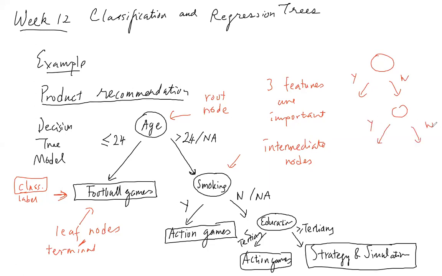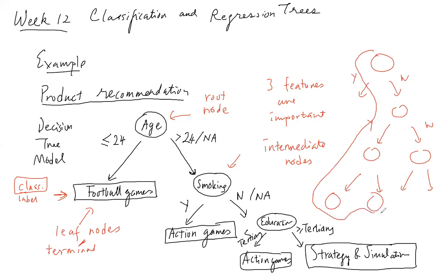Doctors love decision trees because that's how they are trained. The very good doctors are the ones who can recall a very complex decision tree, which lets them make a diagnosis very quickly, which can be a matter of life and death.